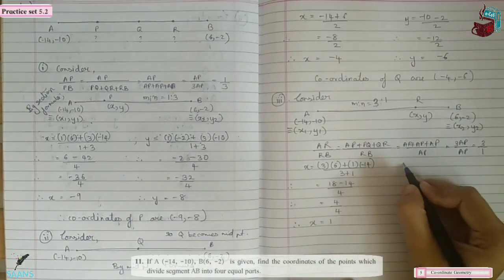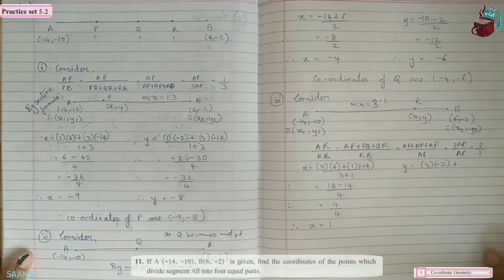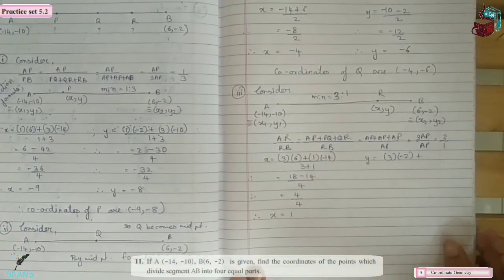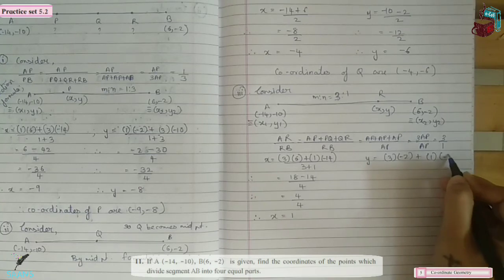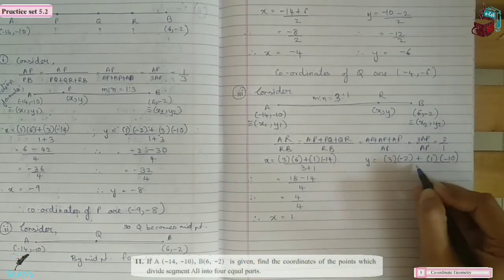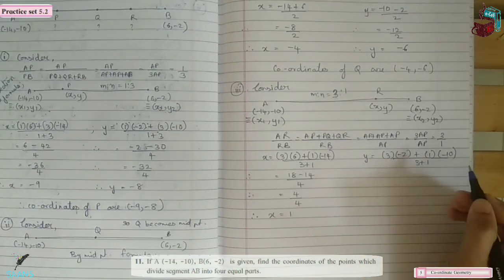Similarly, y is equal to (m y2 + n y1) upon (3 + 1).